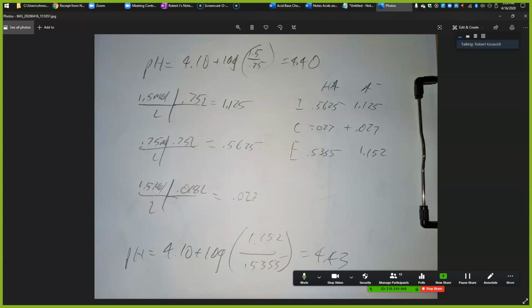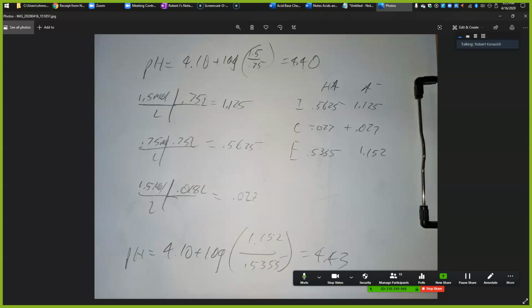What we've seen before when we add a strong base to pure water, the pH goes really high. Well, here it didn't end up changing the pH by more than 0.03 because I have the buffer system in place.